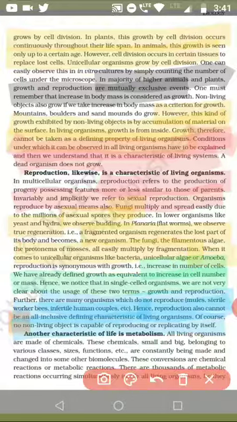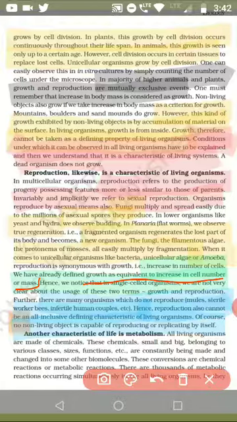It will lead to an increase in the number of cells. So this way we understand that growth is equivalent to an increase in mass. Increase in mass or increase in the number of cells is also growth. For single-cell organisms, growth means an increase in the number of cells.